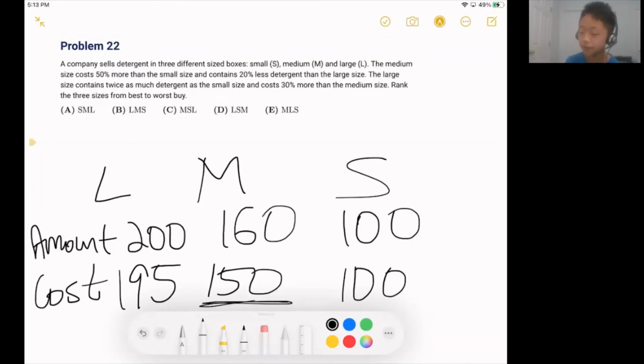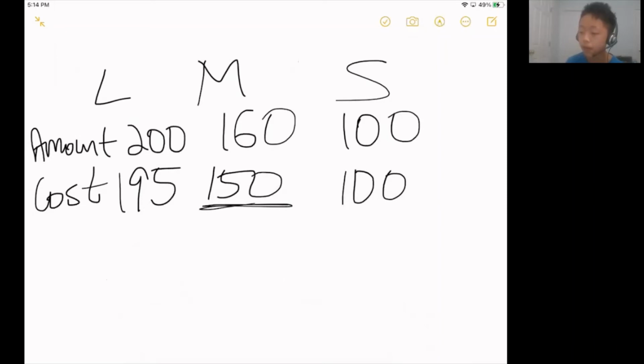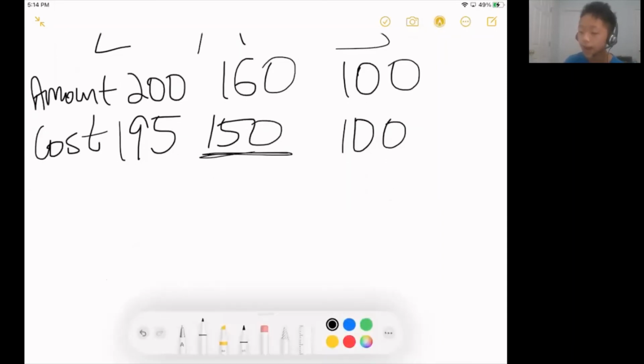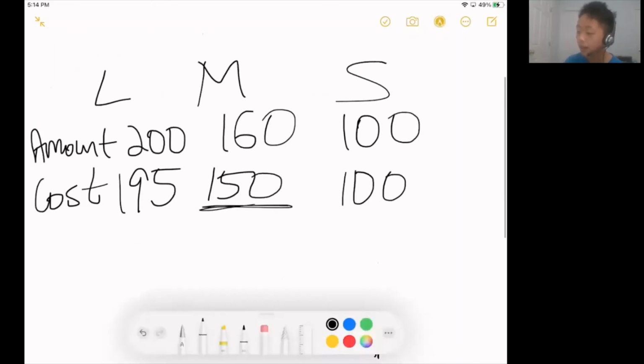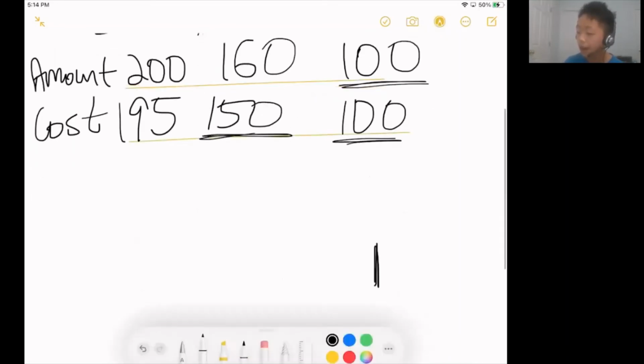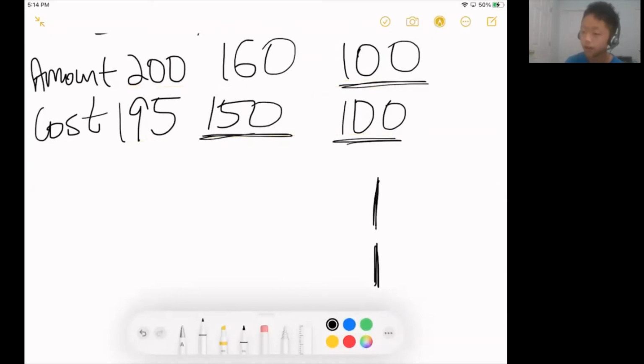So to determine which sizes are the best buy and the worst buy, we would take the amount over cost ratio, right? If we convert them all to the same amount of money, how much detergent can we buy for $1? For the small size, we can buy 100 for $100, so we can buy one for $1.